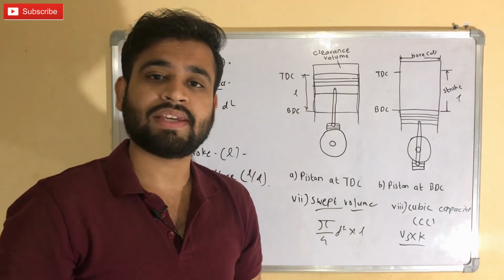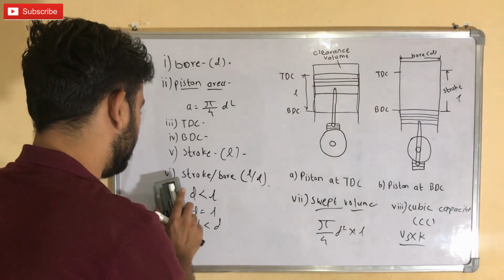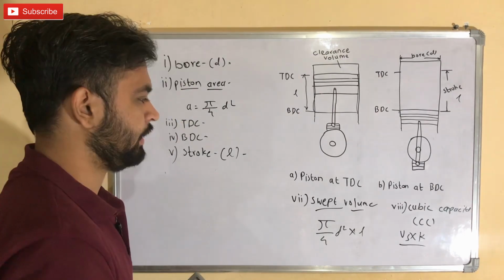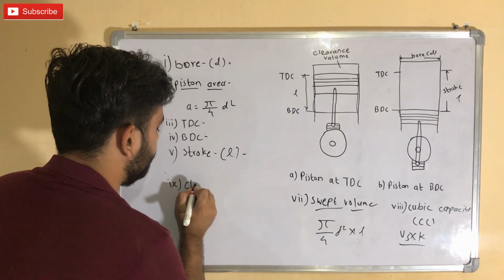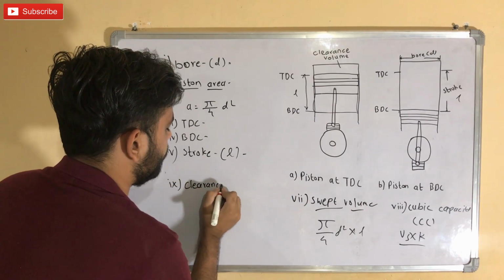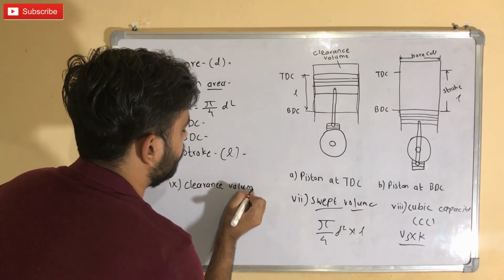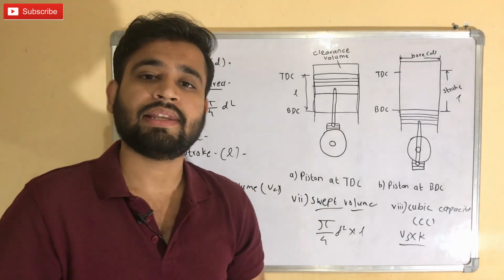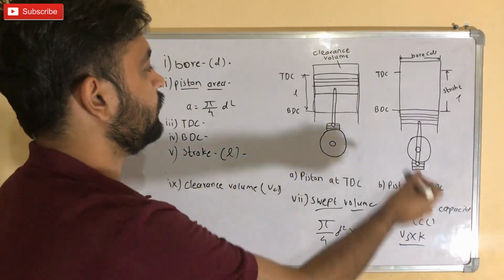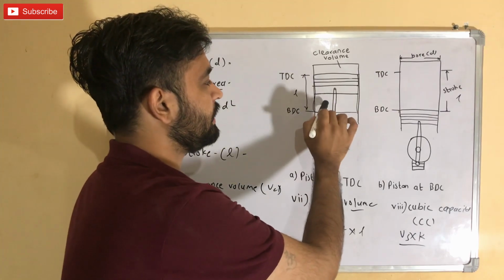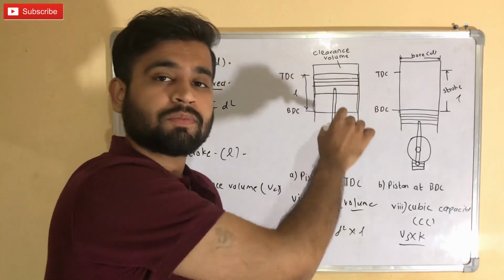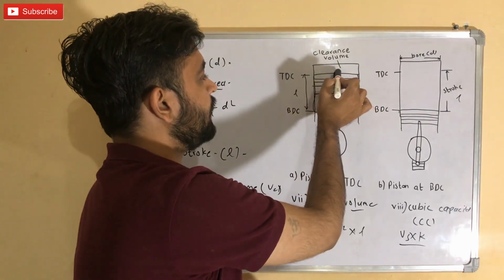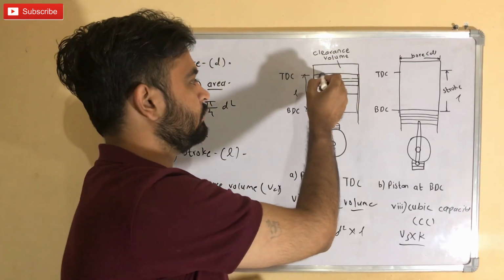So the next topic is clearance volume, which is denoted by VC. Clearance volume is nothing but the volume when the piston is at the uppermost position, which is TDC, and the cylinder head.